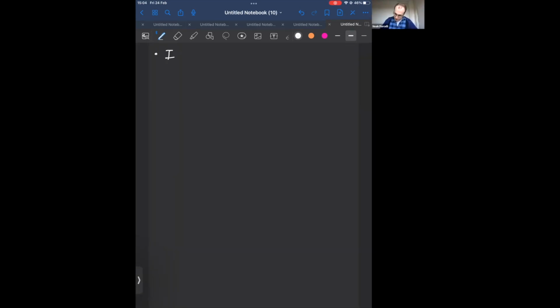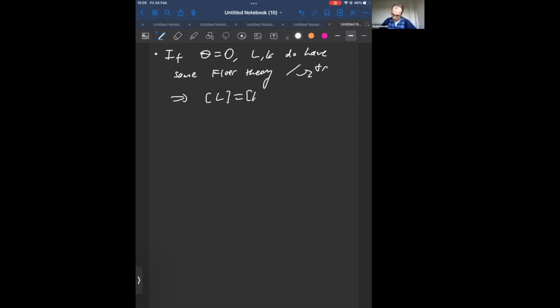So if theta is 0, then L and K actually do have the same Floer theory over frame bordism. And in particular, by this lemma we had before, they have the same frame bordism class, which is what we wanted.